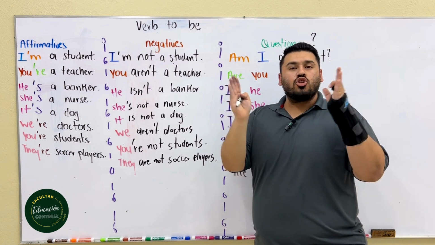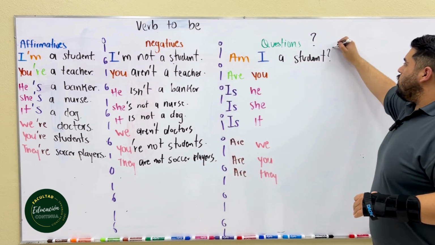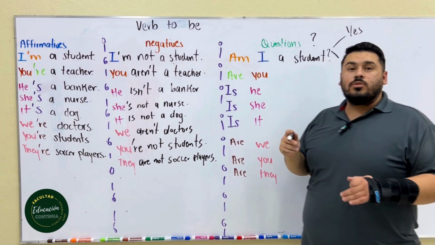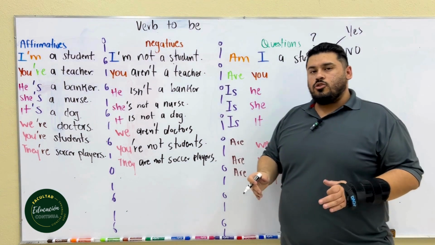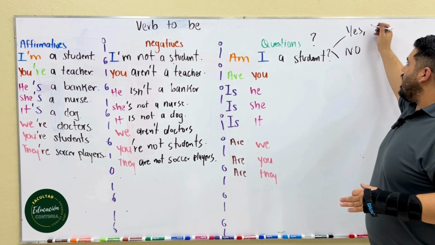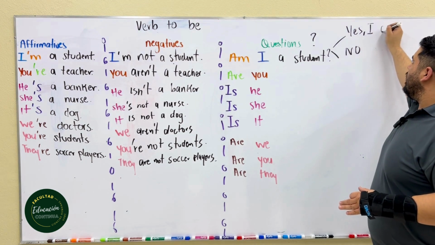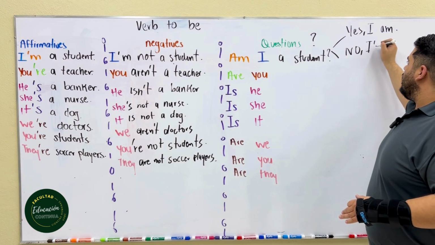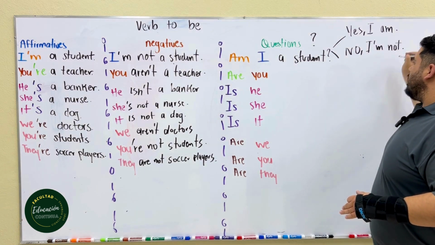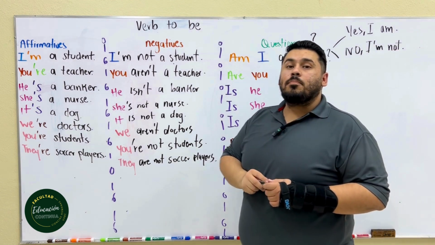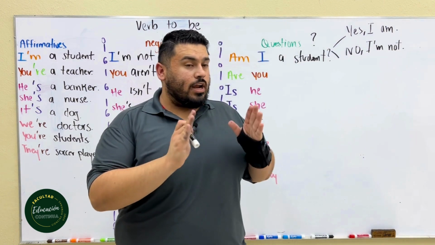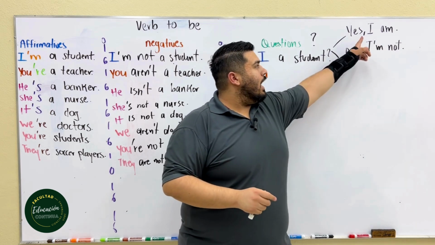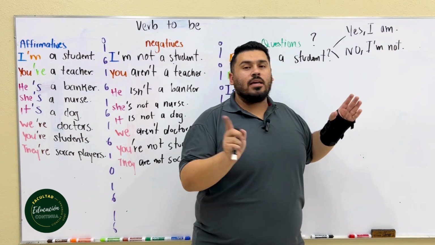Am I a student? And we have a shorter way to answer. We have yes or no, but you need to give more information. So that best way is going to be yes, I am, or no, I'm not. Okay? With positive sentence in a shorter answer, we can't make contractions. I'm is not okay.